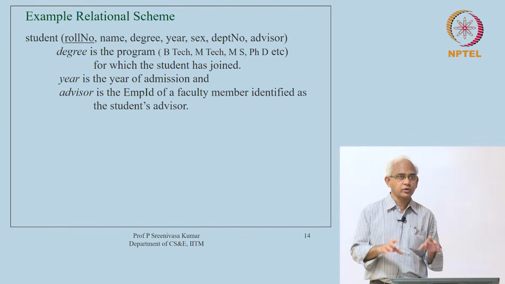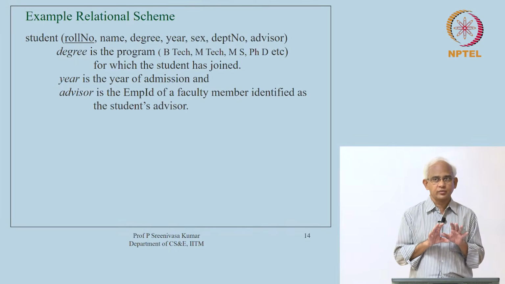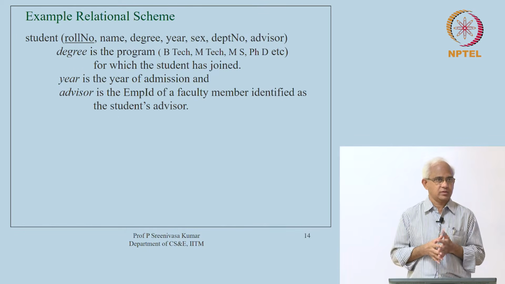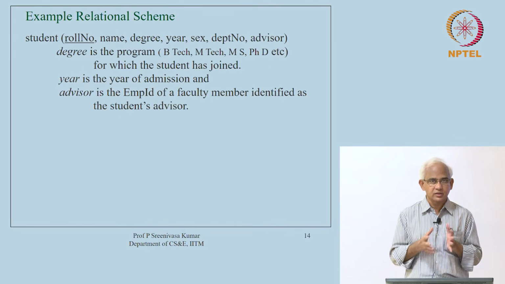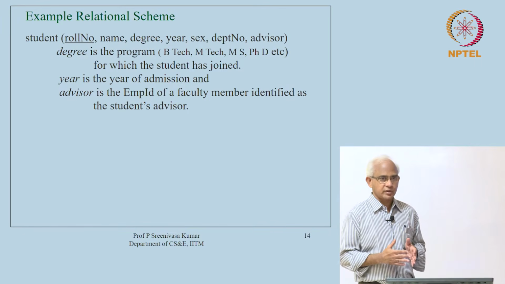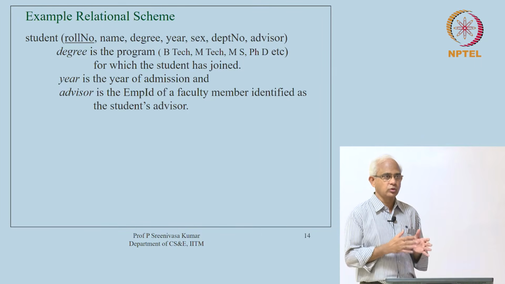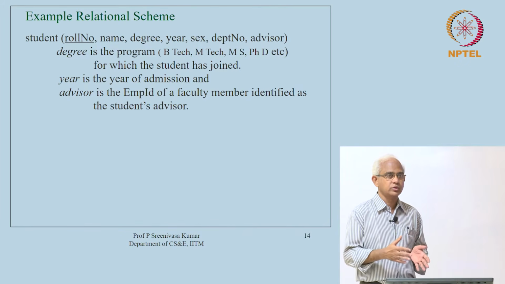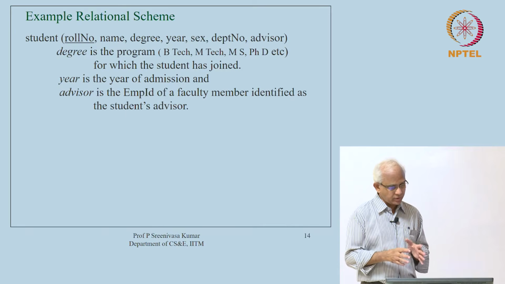In this class, I am going to give you an example relational database, and I am going to continue using this example throughout this module and also in the SQL and other later modules. So, it is going to be important to clearly understand this relational database scheme.